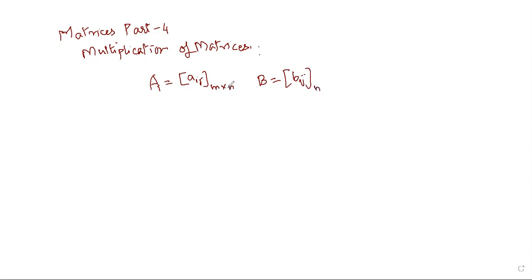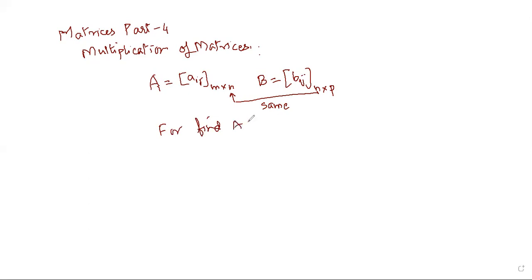So the number of columns of matrix A should be equal to the number of rows of matrix B. Then only we can multiply these two matrices. Just see, this number and this number should be the same. Otherwise, we cannot multiply.